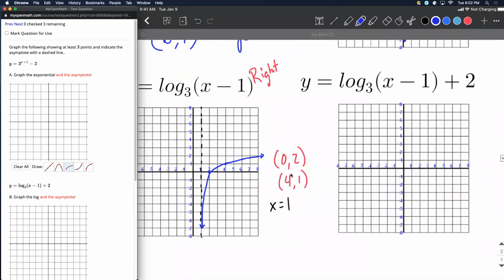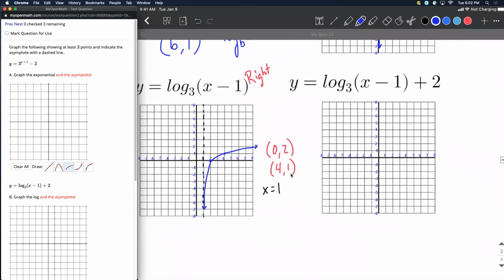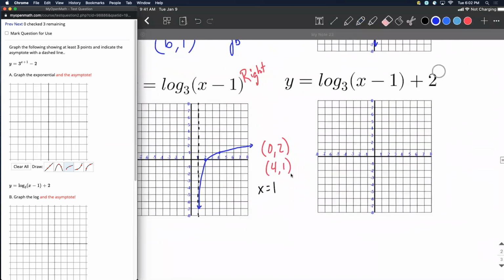And the last transformation we have to deal with on this one is the +2, as you can see over here. This +2 is attached to the entire function, therefore it's going to move everything either up or down. Vertical movements work kind of the way we think they should. So this one's going to move everything up 2 units.